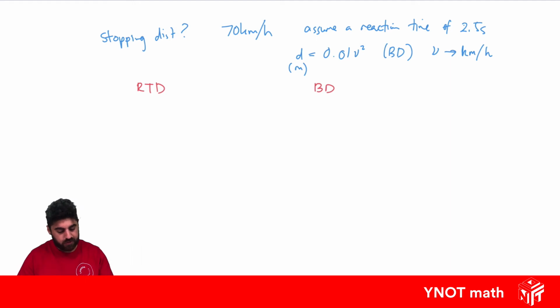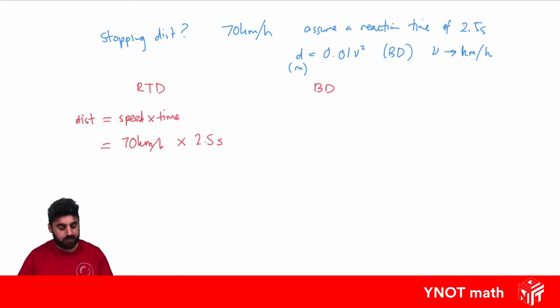And to do this, we just need to use our formula that distance equals speed times time. But we just need everything in the correct units. So this is going to be our 70 kilometers per hour multiplied by our 2.5 seconds.